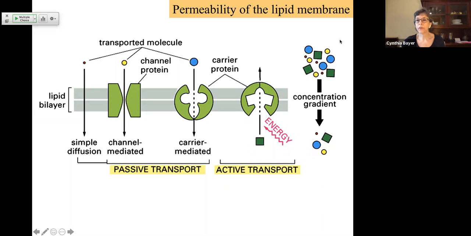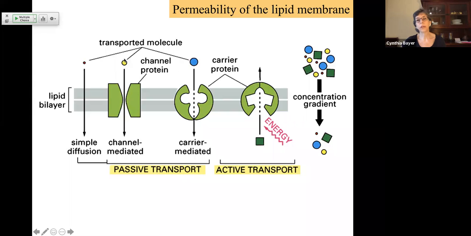If we look at these different solutes in this example here, we see that on this side of the membrane, the top, there's a higher concentration of all of these than there are on the lower side of the membrane. And if we look at the little red dot, that would be an example of, let's say, an oxygen molecule that, because it's small and nonpolar, can pass from the side of high concentration to low concentration by simple diffusion.